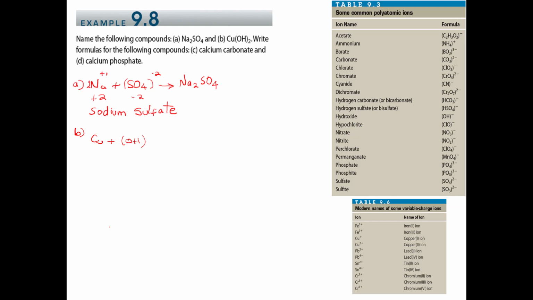In case of copper, because copper is a transition metal, we don't know the charge. It can be +1 or +2. Then let's see what is the charge for hydroxide. We can check in the table, it is -1.